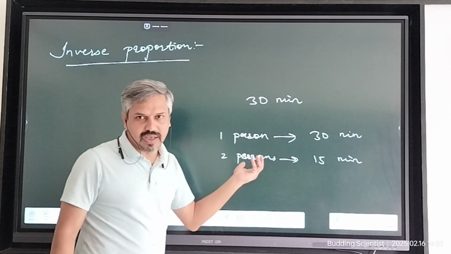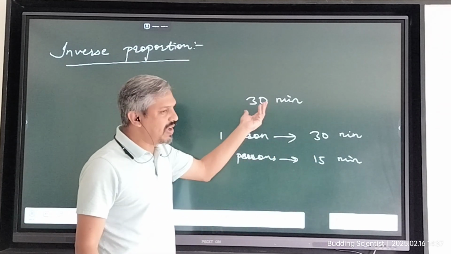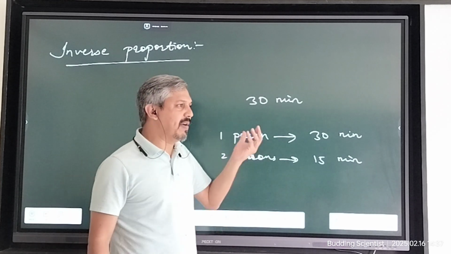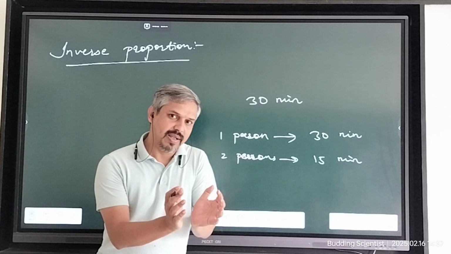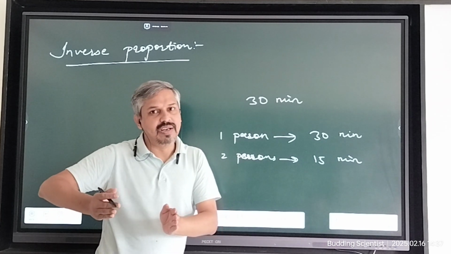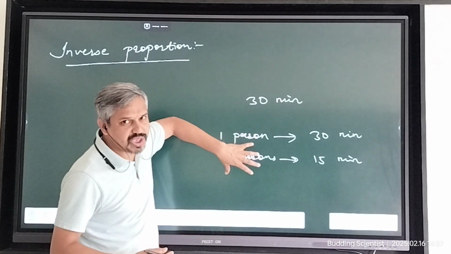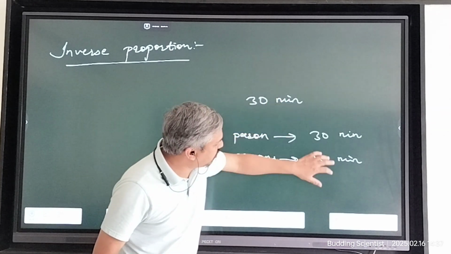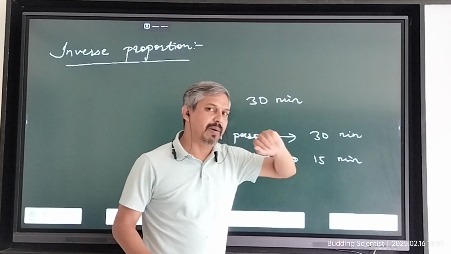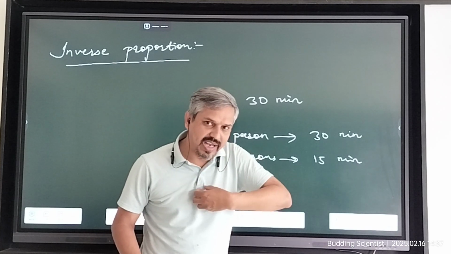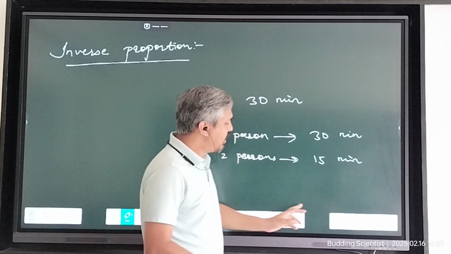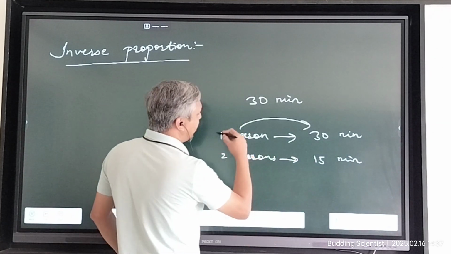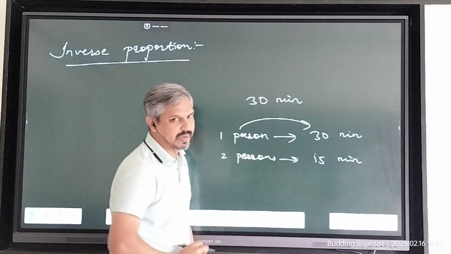What is happening here is the amount of available time, the amount of available space, the amount of available resource is limited, and it is then shared. The more number of people to share, the amount of time, the amount of space, the amount of resource that one person is getting goes on reducing. Their product is constant. 1 into 30 is equal to 2 into 15.